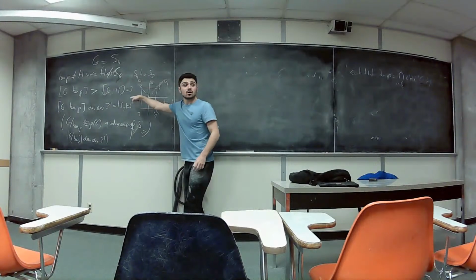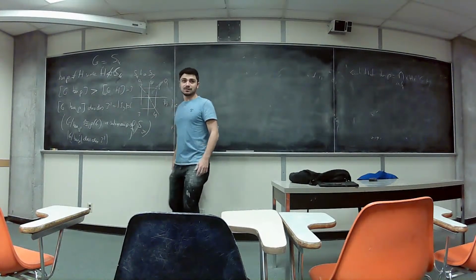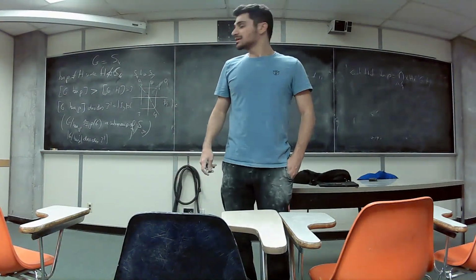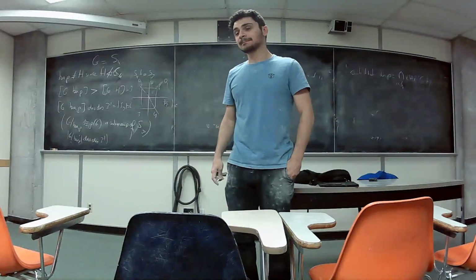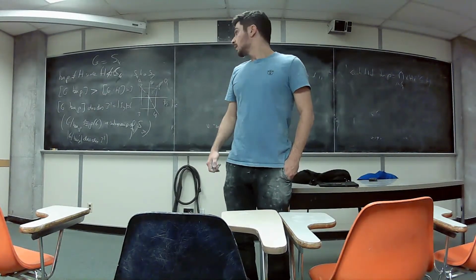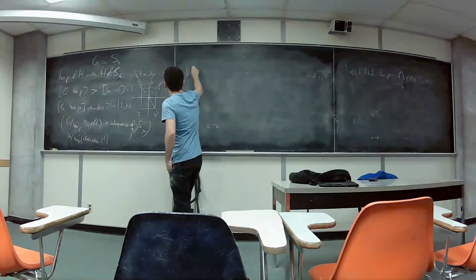Are we clear here? 100%. Ask if there's something you want me to explain. Don't hesitate. Yes, can we go through it? So what is the size of H that I found?